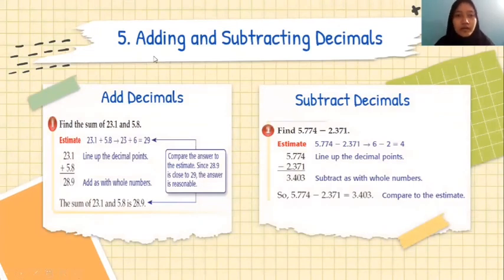Next, adding and subtracting decimals. First, add decimals. This is the example. Find the sum of 23.1 and 5.8. You can sum that: 8 plus 1 is 9, 5 plus 3 is 8, and 2, you bring this down.